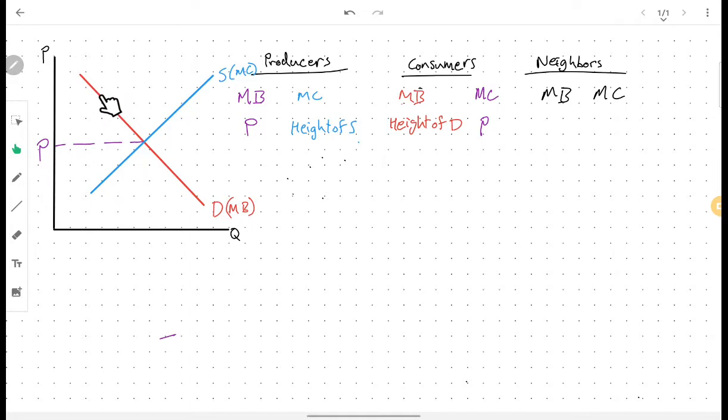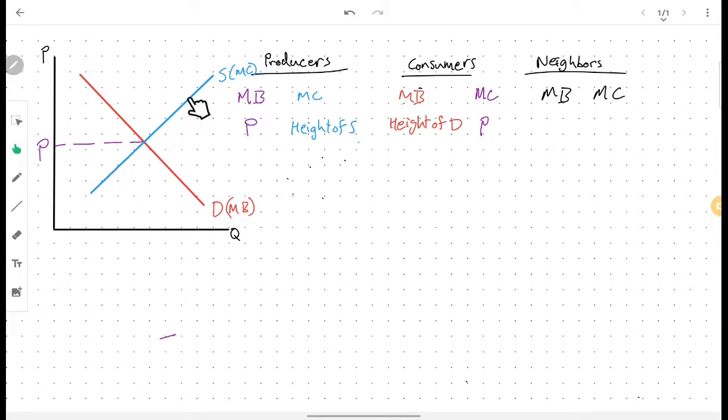So basically, the demand curve tells us how the consumers balance the costs that they face, which are prices, against the benefits that they get from those goods. And the supply curve tells us the same thing. It costs the firm this much to produce this quantity, and so if they're balancing their costs against their benefits, they will need to be paid at least this amount to sell this quantity.